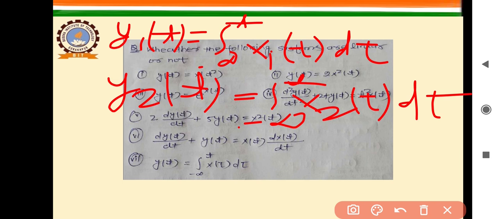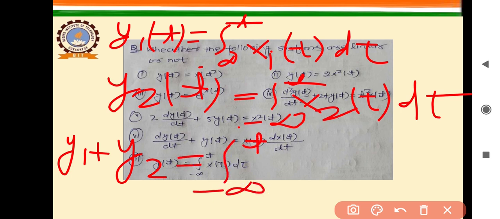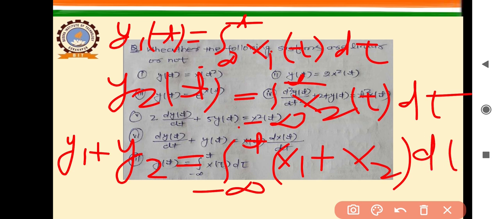Summing them, we will get y1 plus y2 equal to the integral from minus infinity to t of x1 plus x2 d tau.